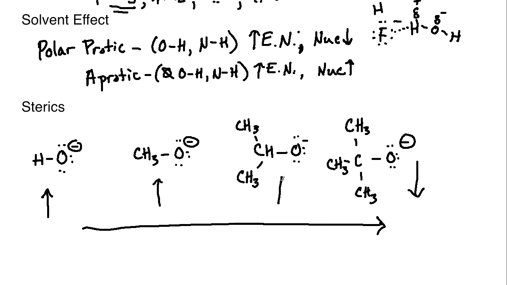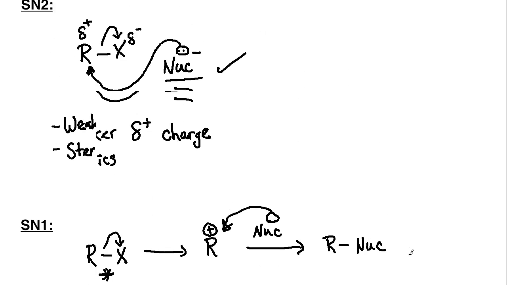And then as I look at the isopropoxide here, this is getting even worse, and then the t-butoxide is horrible. So we're basically having high reactivity on this side, and then we have low reactivity over on this side. So the general premise is, as branching and steric hindrance piles up, it's going to be worse and worse for your nucleophile in terms of its reactivity. So that is it. That covers factor 3.